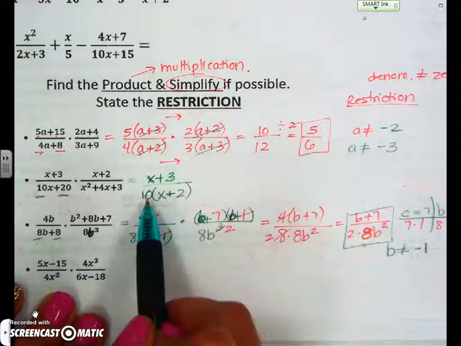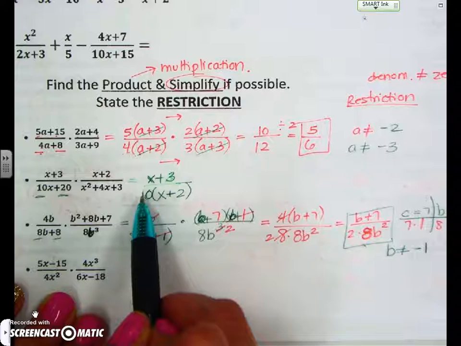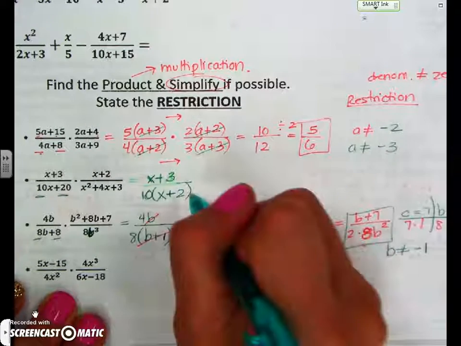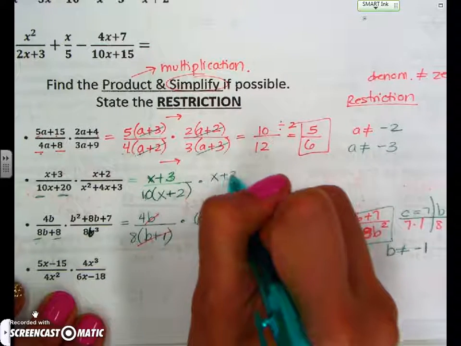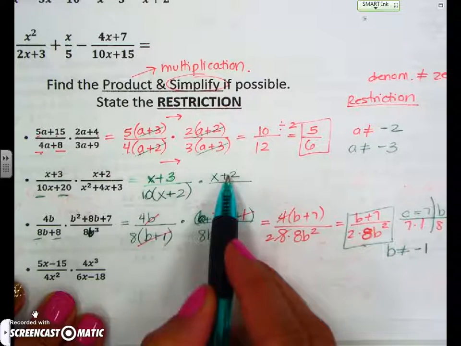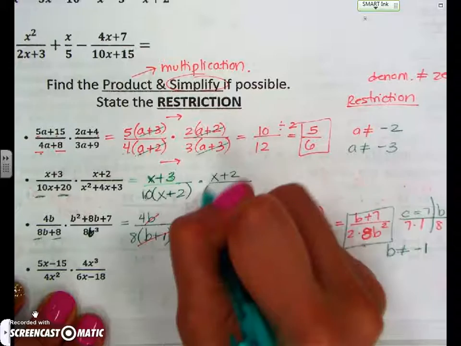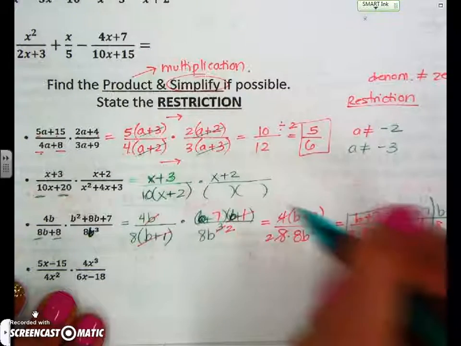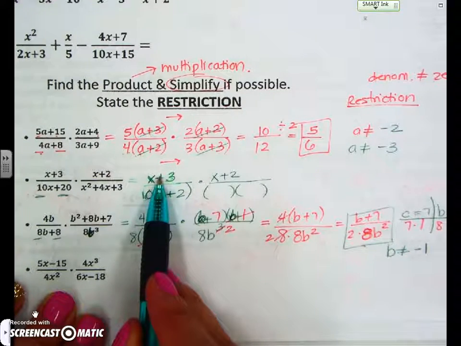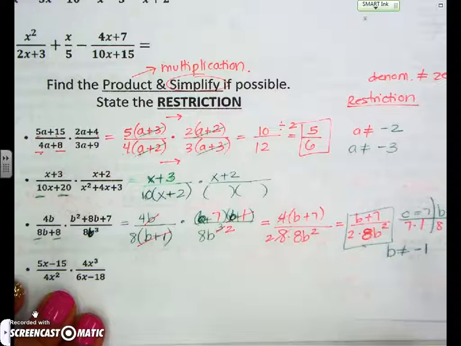Okay, so you think about it, 10 times x gives you 10x, and 10 times 2 gives you 20. Times x plus 2, if you notice, there's something in the numerator and the denominator that's the same, okay? And if you want to predict something, the factors are probably going to include x plus 3.